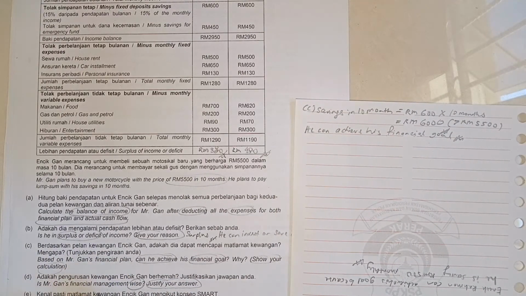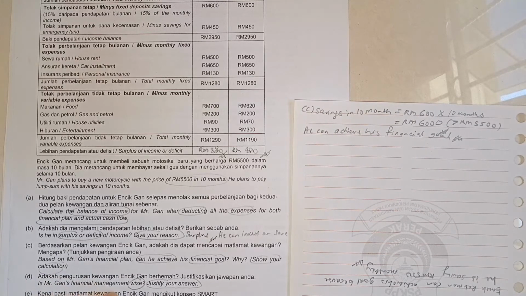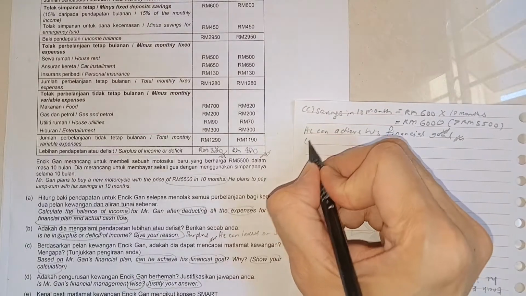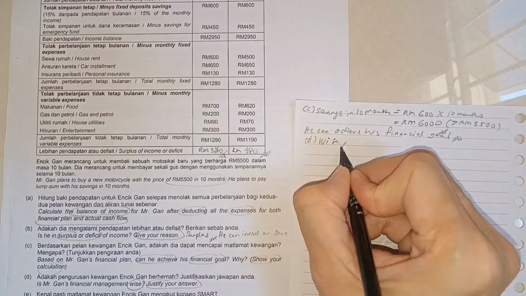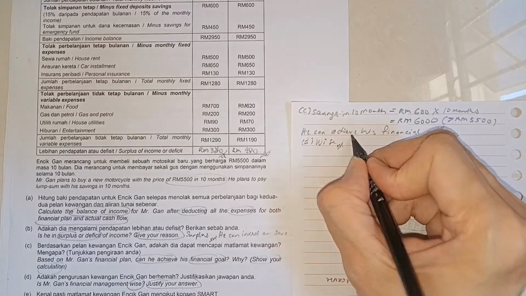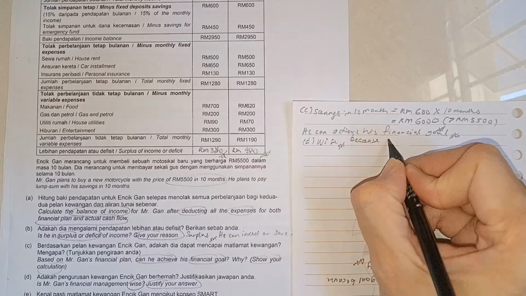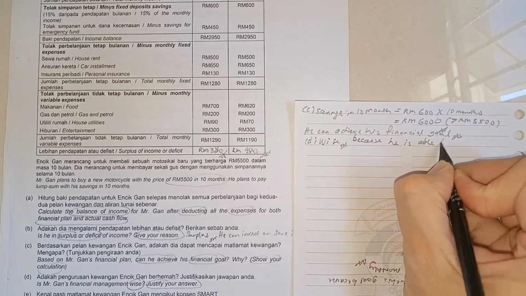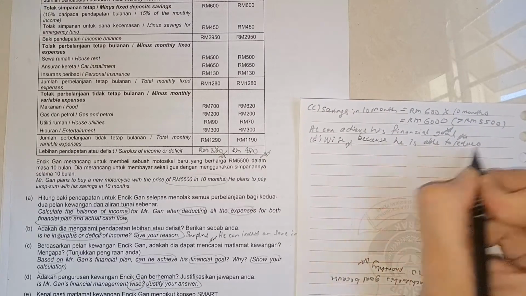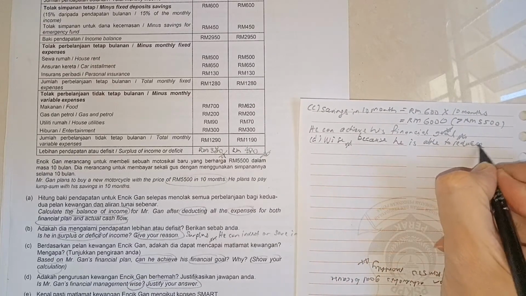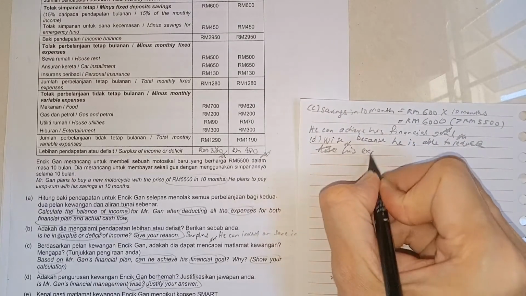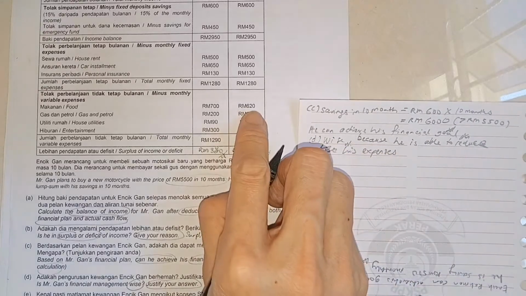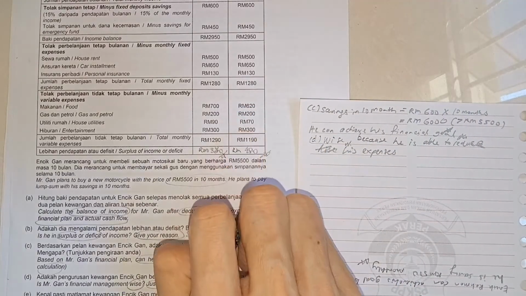Okay, then the D, is Mr. Gan's financial management wise? Justify your answer. So D, to me is wise. Why? Because he is able to reduce his expenses. Reduce this one expenses and this one expenses.